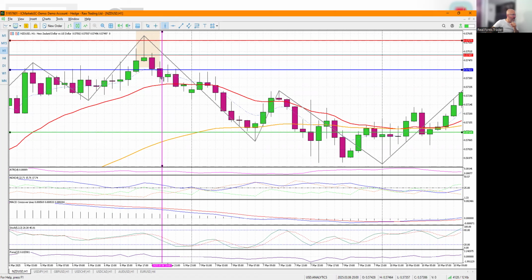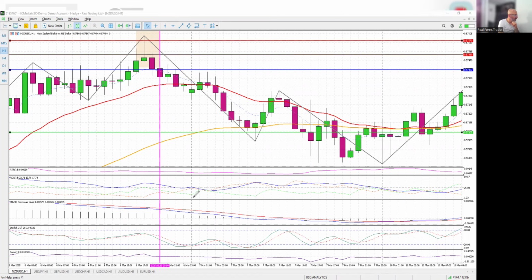My trigger candle is this one here, right? So if I observe, for instance, the behavior of the MACD, let me show you here the MACD.